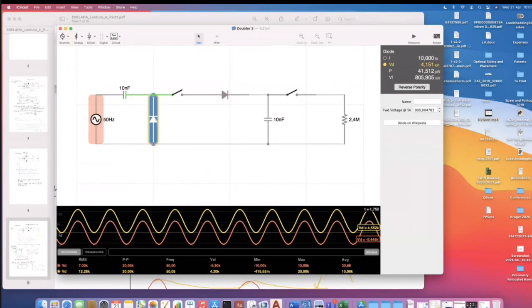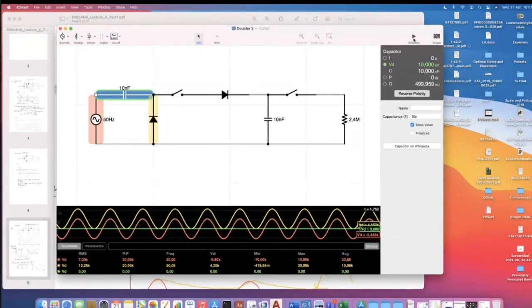Right, so the red there is your voltage, your 10 kV. Then your yellow is almost the same wave shape, but it seems to be offset by a DC. So remember previously with the half-wave rectifier, when it was fully charged, it didn't discharge. So it's the same case here.